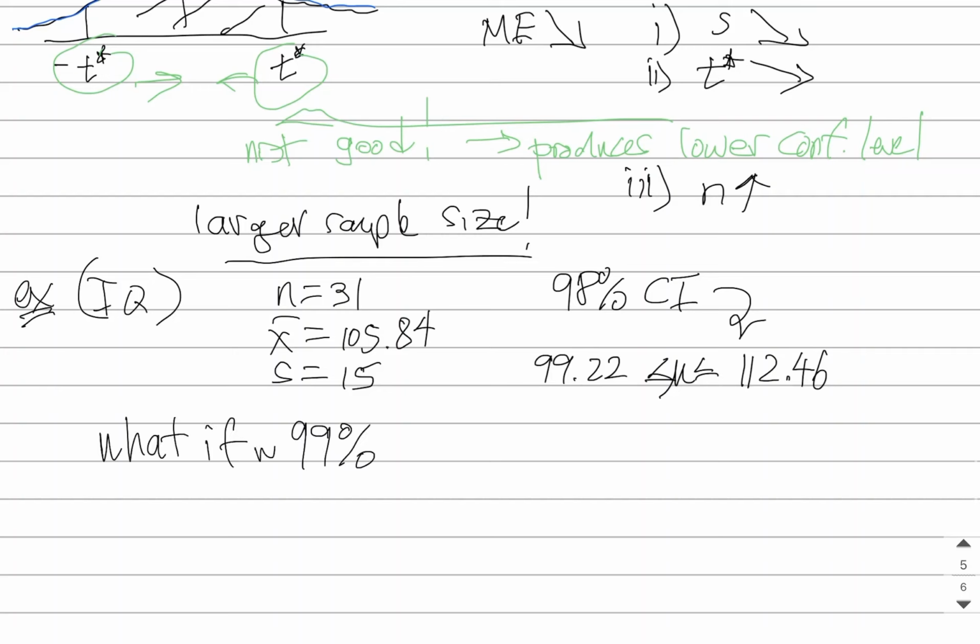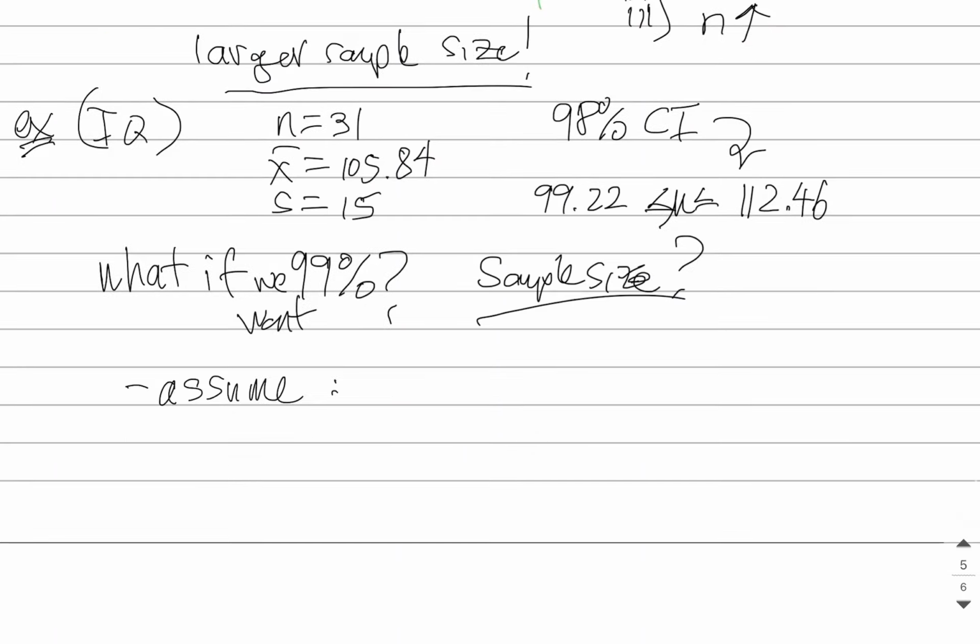So what if we want a 99% confidence level? What sample size will we need? We have to assume that the standard deviation is some value. I'm going to assume it's the value of S that I had before. This isn't necessarily going to be accurate, but it's our best guess.